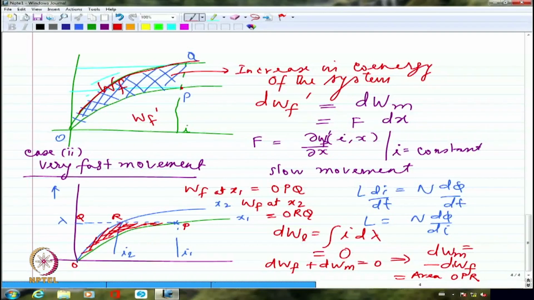Mechanical energy or work done. So I should be able to write in this case also, minus dou Wf divided by dou x, where Wf is a function of lambda and x, of course. This will be the force with lambda as a constant.